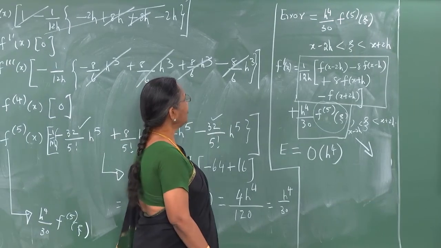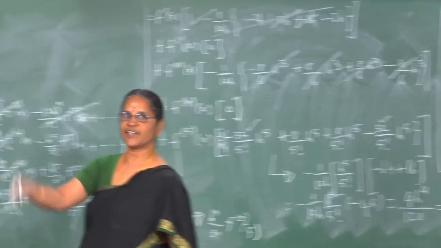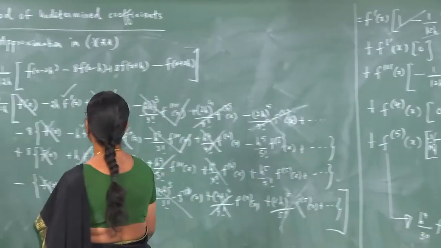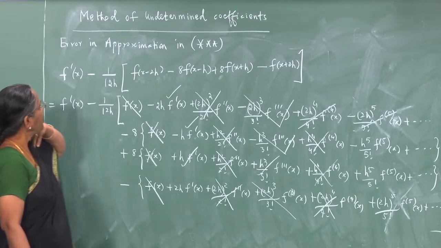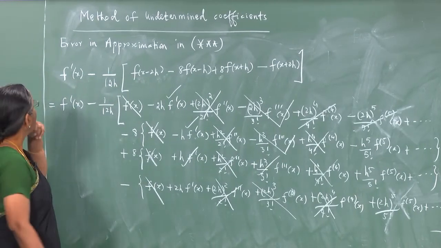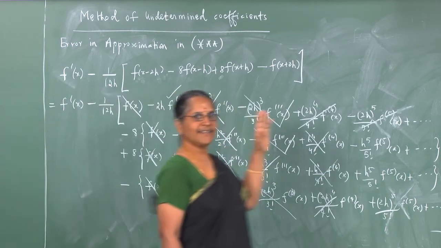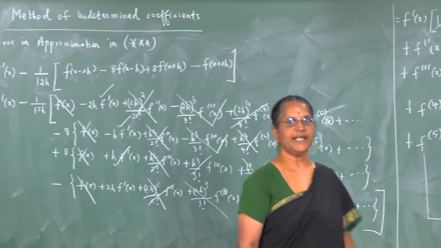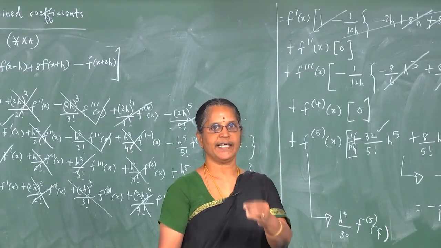So, we have now used method of undetermined coefficients. We shall just recall what it is. We propose a method for approximating a derivative of the function, and then we say that this method must be exact for certain polynomials up to certain degree.